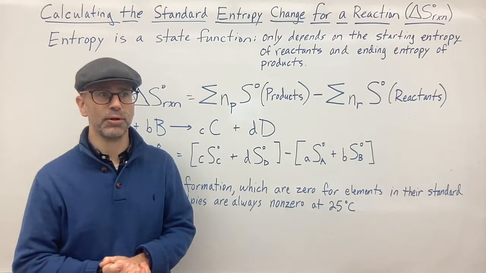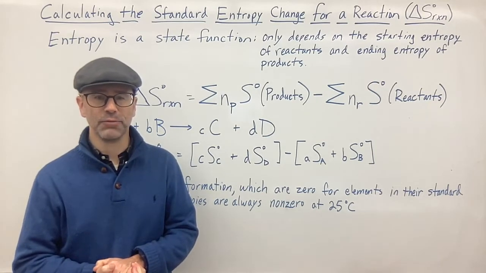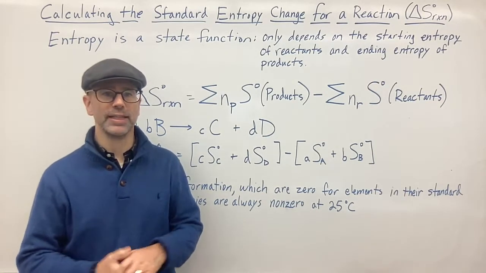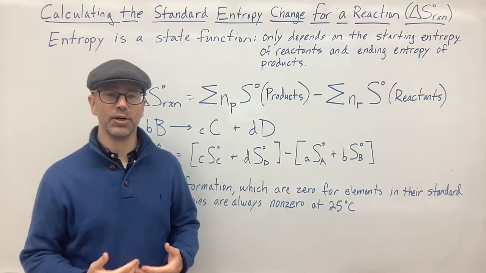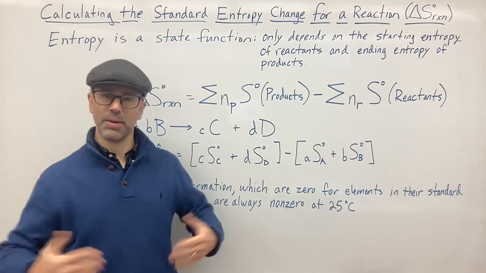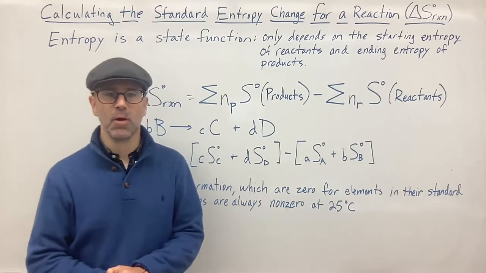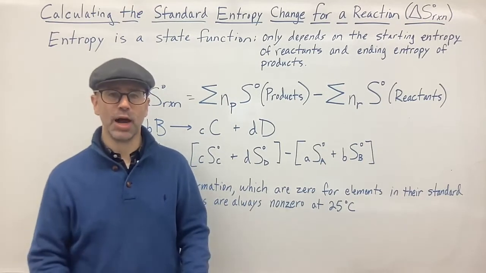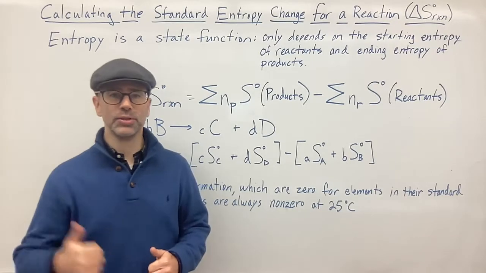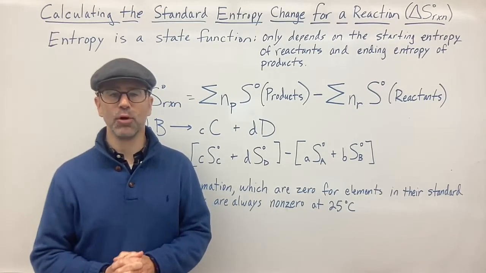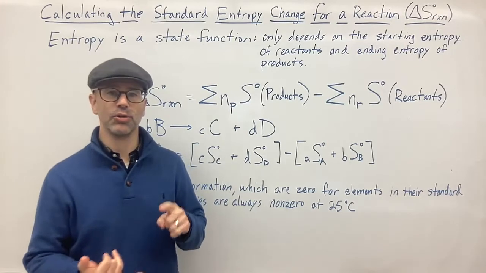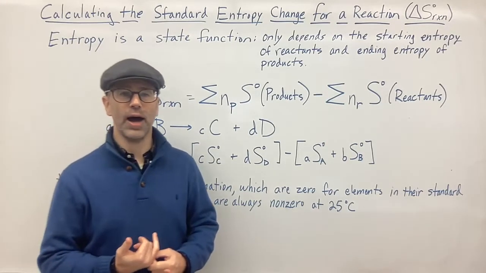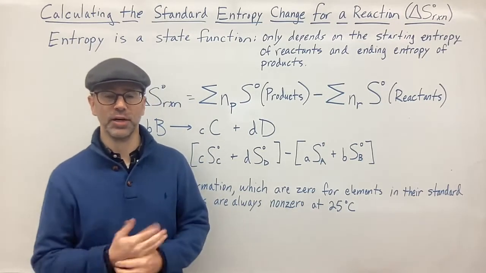So, for example, if you want to look at the change in potential energy, right? If I'm in a hotel at the ground floor, and I want to go up to the top floor, I can do it two ways. I could either take the stairs, or I can take the elevator.